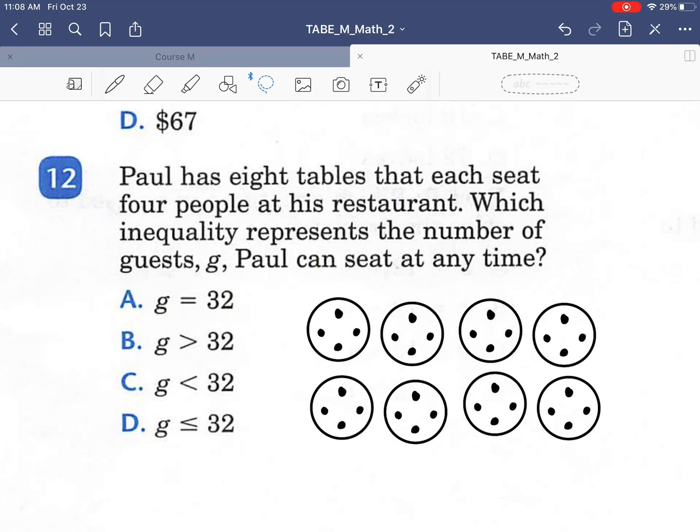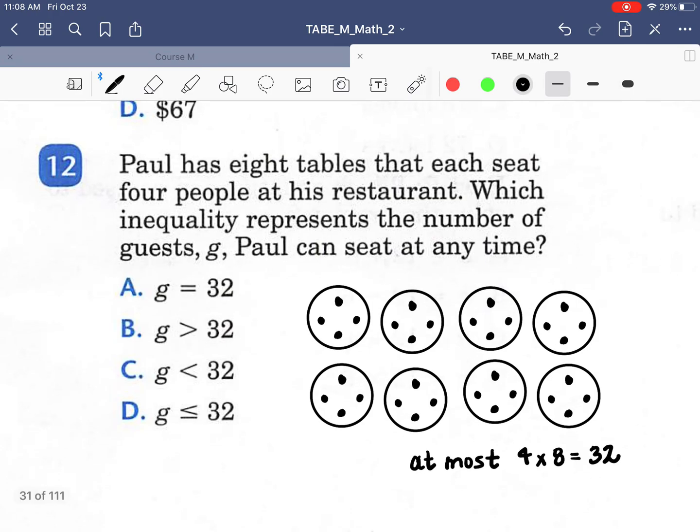If you're on a problem and you just cannot figure it out, try to draw it or try to use some other strategy to get the picture to be clearer to you. So we have 8 tables with 4 seats. So at most, he could seat 4 times 8, and that is 32. So he could never go more than 32.